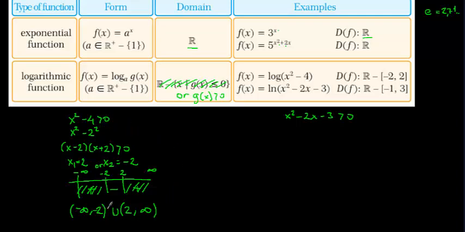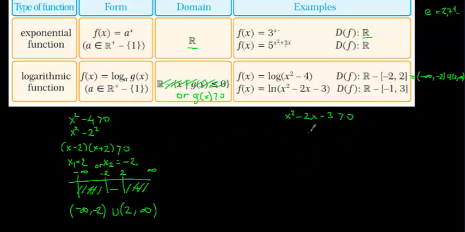Okay, so this is the domain of the function. Also, it's written here, the important part, real numbers except minus 2 and 2. This is actually equal to minus infinity to minus 2 union 2 to infinity. These are the same sets, normally real numbers.